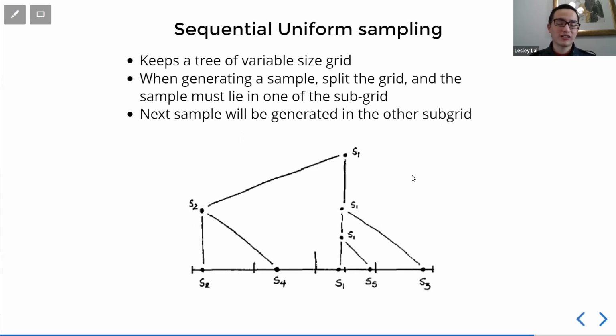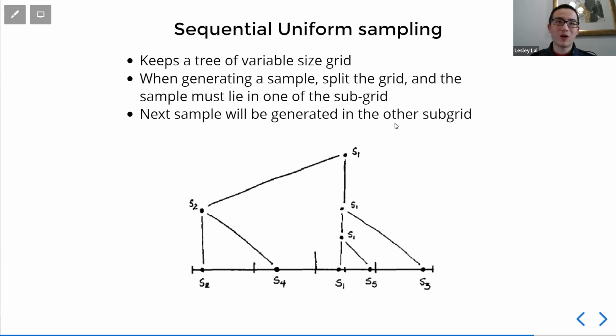So Kajiya invented this interesting technique called sequential uniform sampling. I don't know if this kind of technique is still used today, because it needs to keep an expensive tree data structure of variable size grids.